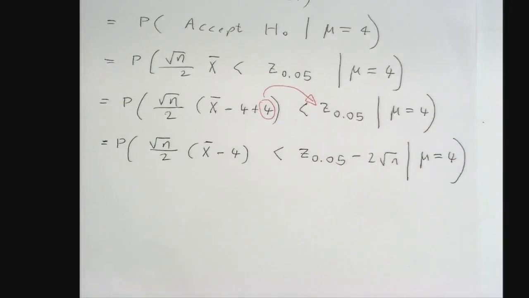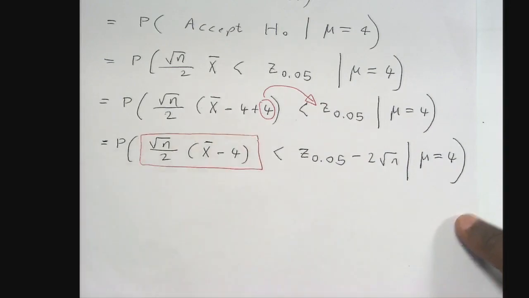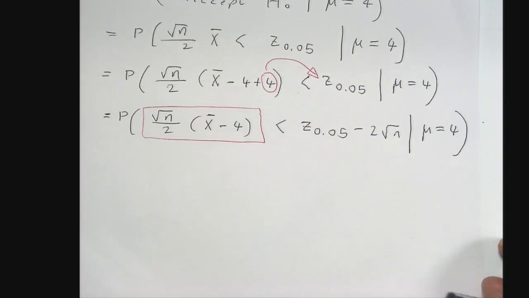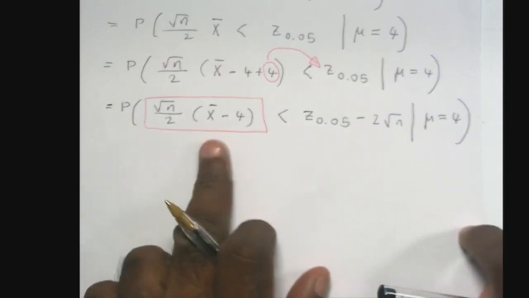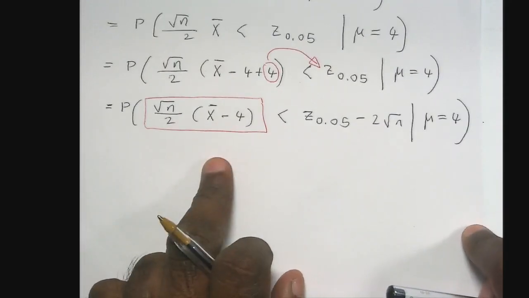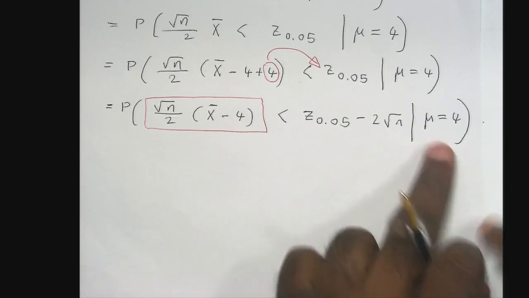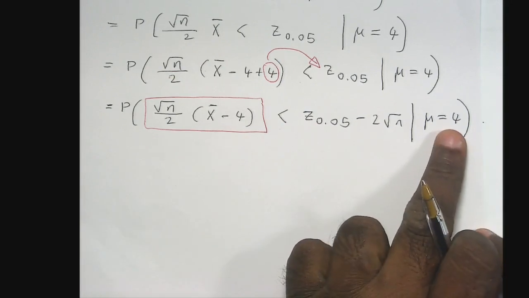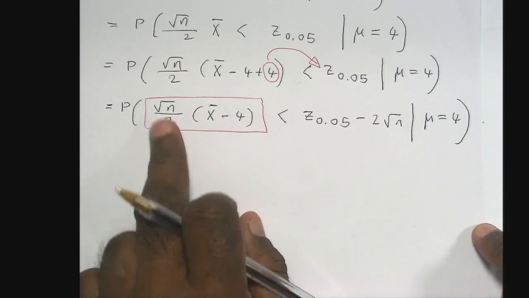All right, now let me ask you. This is a question I asked you last week a couple of times. I think some of you still appear confused about this. Tell me the distribution of this, because the true population mean is equal to 4, right? So I'm subtracting 4 and multiplying by this.